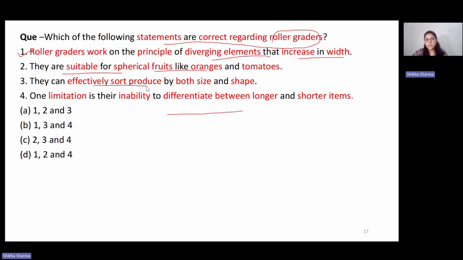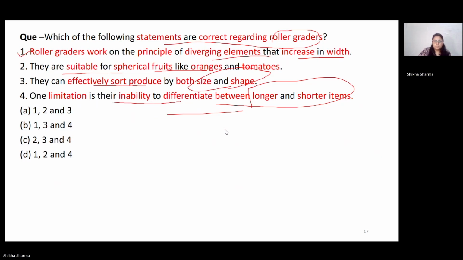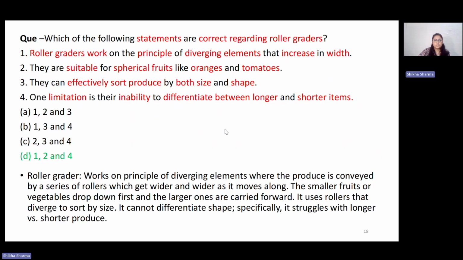Third, they can effectively sort produce by both shape and size. Fourth, one limitation is their inability to differentiate between longer and shorter items. We need to answer which is correct here. Answer D is correct, if statements 1, 2, and 4 are correct.